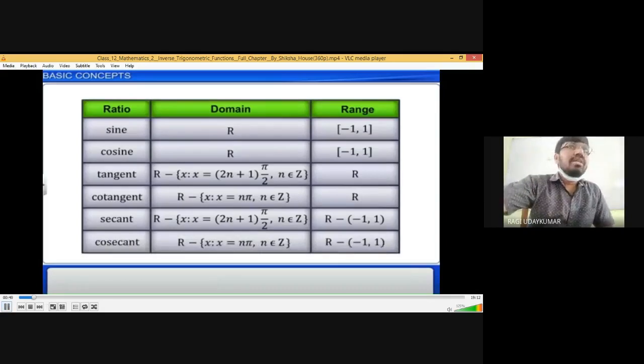Cotangent is not defined at the multiples of pi: n pi, 2 pi, 3 pi. So cotangent's domain is R minus n pi, and the real numbers are itself the range of the cotangent.